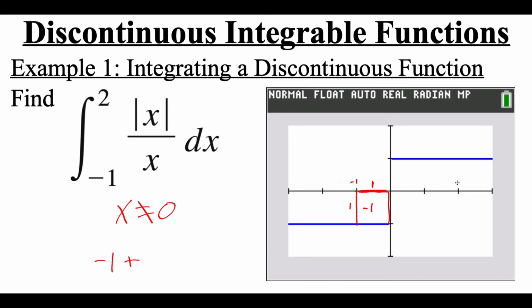We're going out to the x value of 2, so if I draw in the rectangle there at 2, and again, getting infinitely close to 0, we've got a height of 1 in here, so we've got this length of approximately 2, with a height of 1, so that gives us an area of 2. So if we add that area of 2 onto that area of -1 from earlier, then we get a final answer of 1, for the integration of this function.